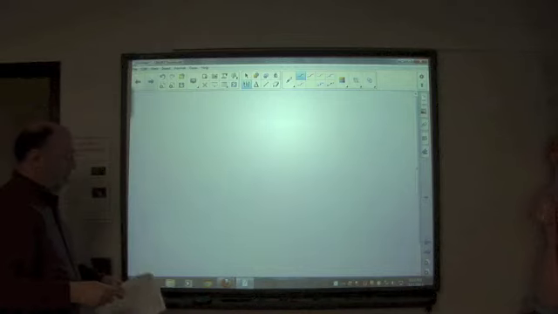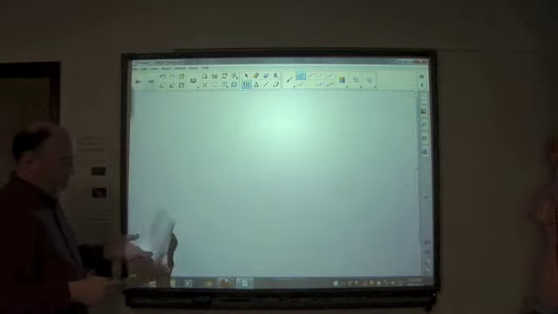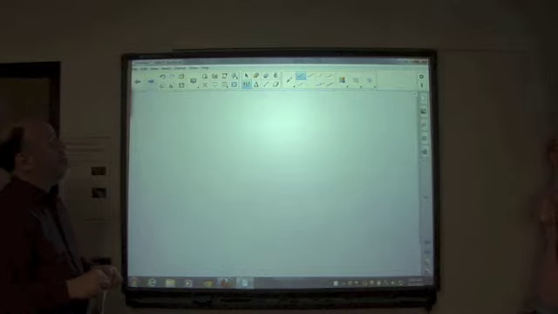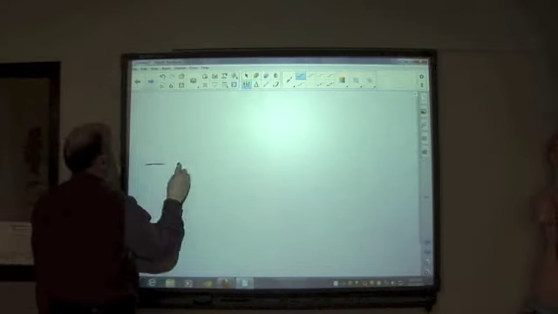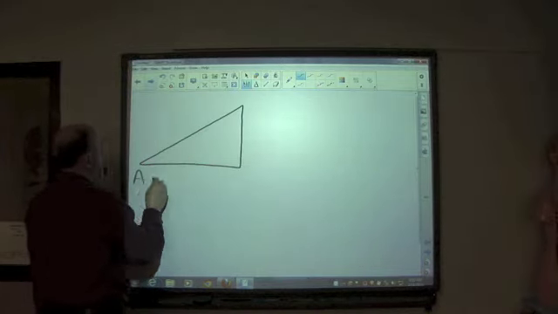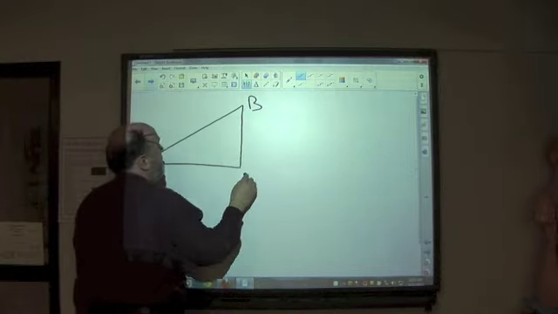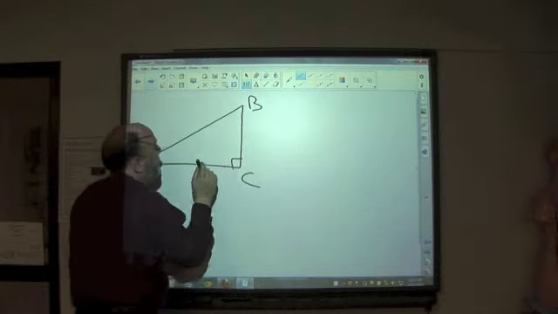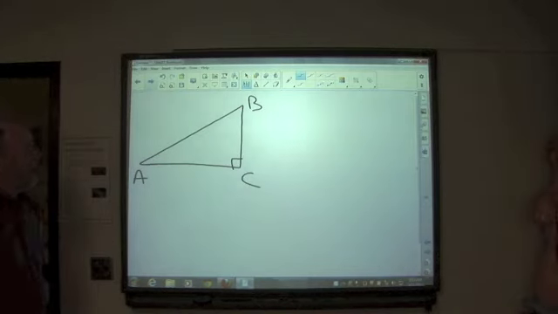In order to do that, we need to talk about some right triangle trigonometry. If we look at a right triangle, the angles are generally labeled with capital letters, and angle C is my right angle.